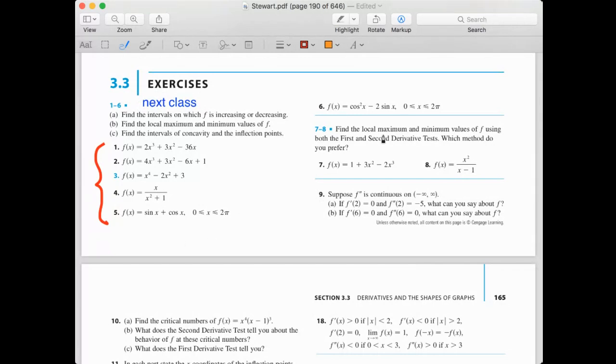We want to find the local minimum or maximum value using the first, second, no, we're going to do this later. So try to do 1 up to 6 for next class. Find the intervals where the function increases or decreases.